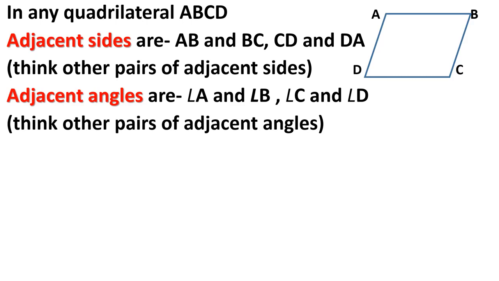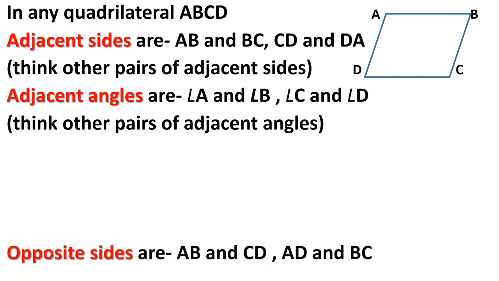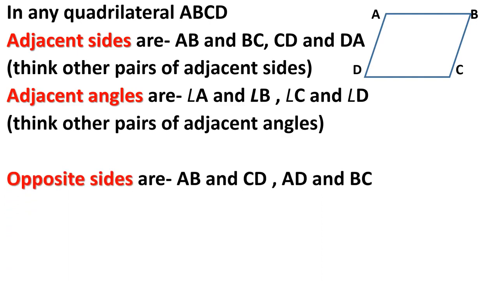Take any one more side. Let us take CD. So which two angles are made on this side? That is angle C and D. So angle C and D are the adjacent angles. Now see opposite sides. Opposite sides are those in which no vertex is common.